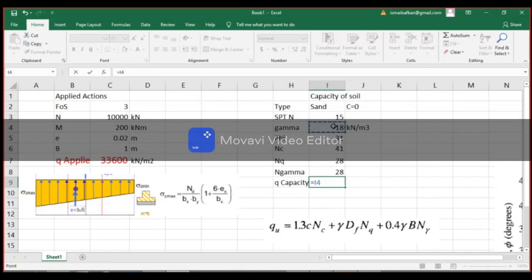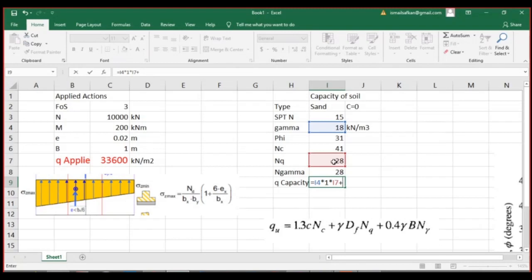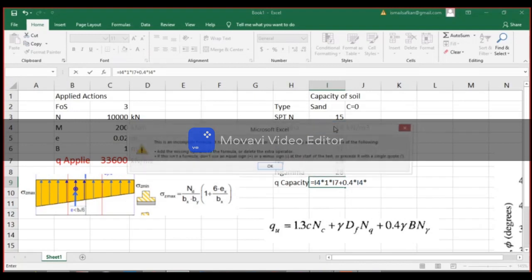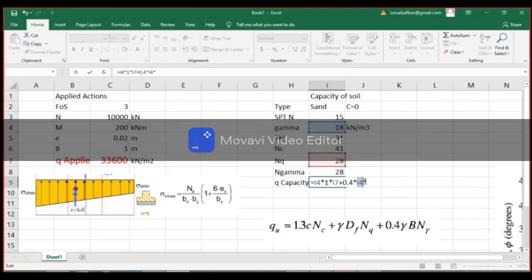Gamma times embedment depth, it was 1 meter, times 1, times Nq plus 0.4 times gamma times the foundation size B, which is here.